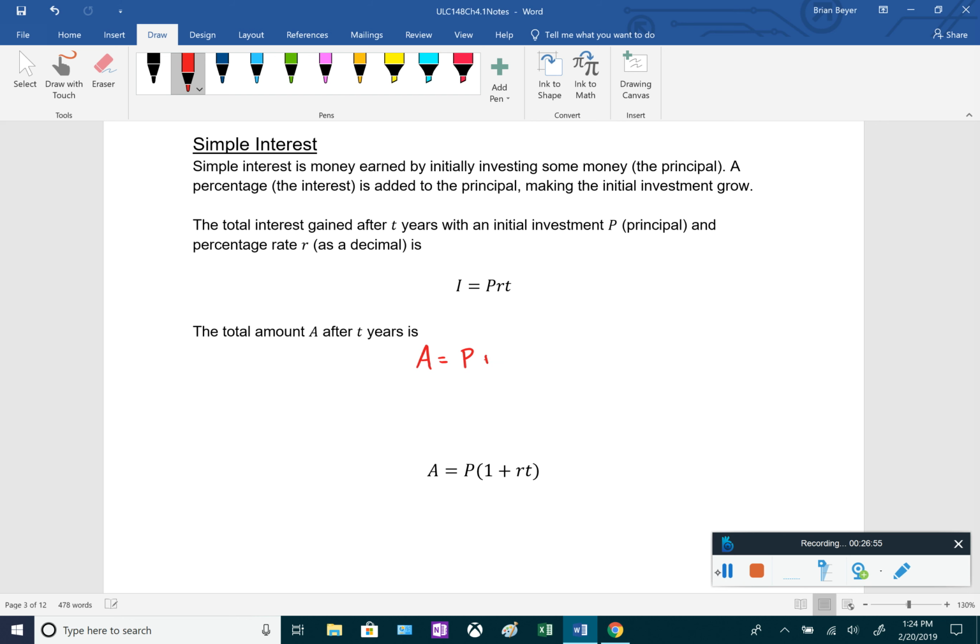If we calculate that, that's actually going to give us $6,842.85. So you can see that it's a little bit more than compounded annually.